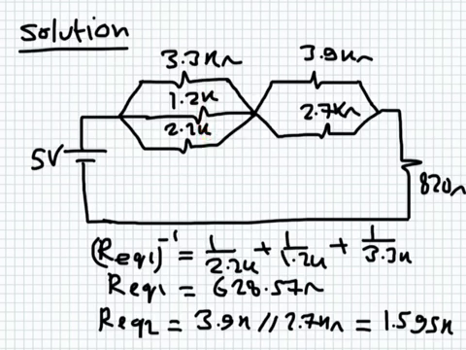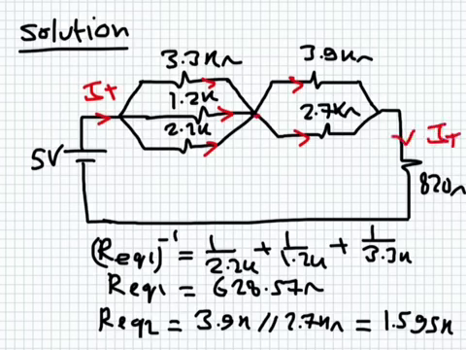Why are they in parallel? Because they are connected between this node and this node. So the current flowing from the source, as we agreed, is IT, will split into three currents, and then will recombine again at this node, and then will split again into two currents. And the same current flowing here is IT.